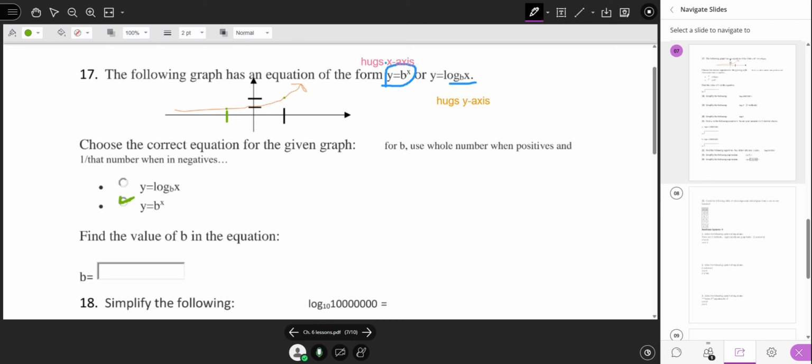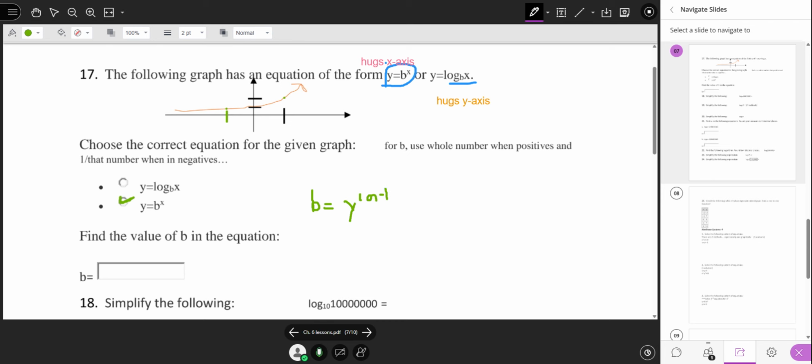So this gives you a whole number at 1. So B is your y value at either 1 or -1.